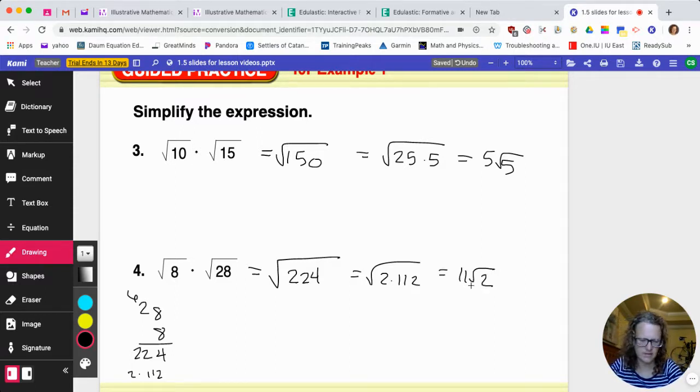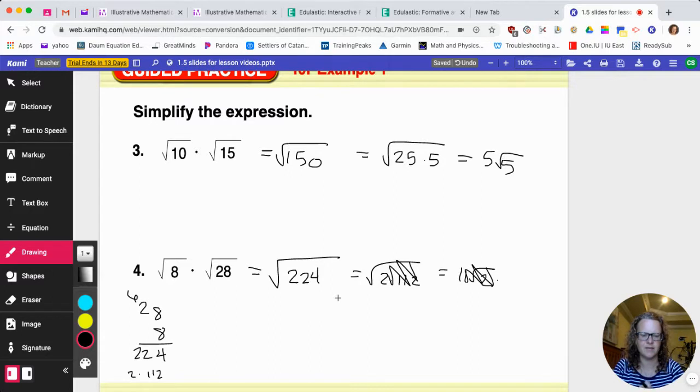Let's check that. I believe I made a mistake. Nope, that doesn't work. I should go get my calculator. 224 is correct. Eight times 28 is 224.